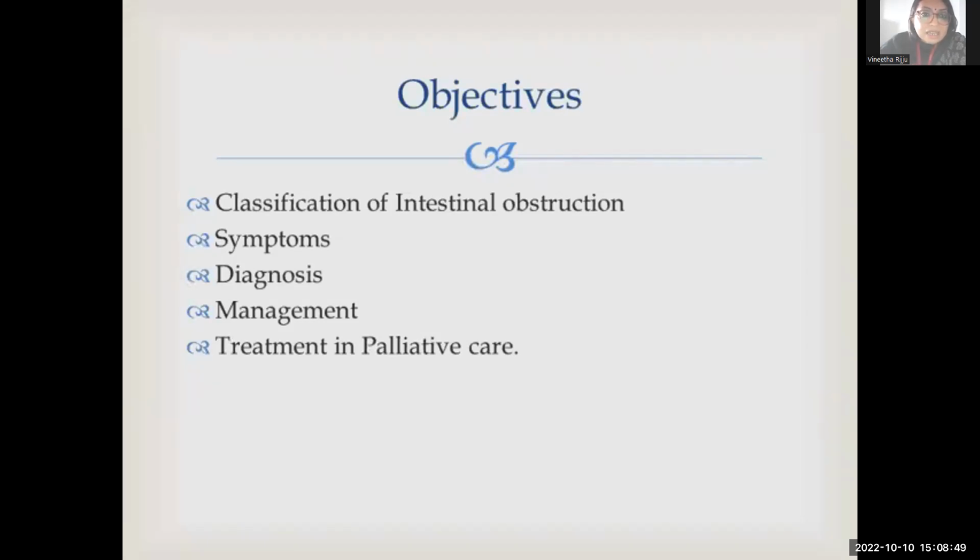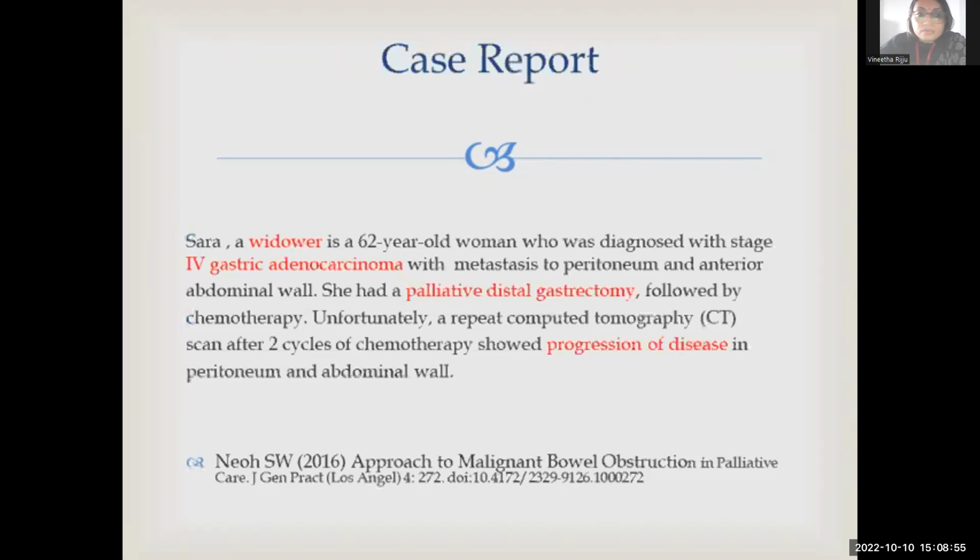All right. So classification of intestinal obstruction. Yes, this is a case scenario. Okay, so Sarah is a widower. She's a 62-year-old woman who was diagnosed with stage 4 carcinoma of the stomach with mets to the peritoneum and the anterior abdominal wall.